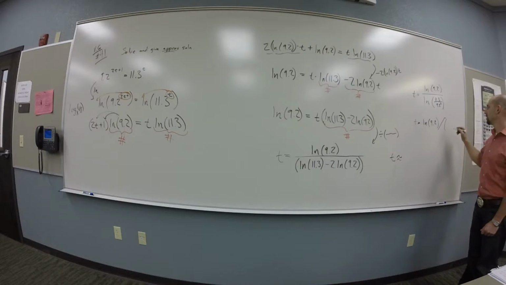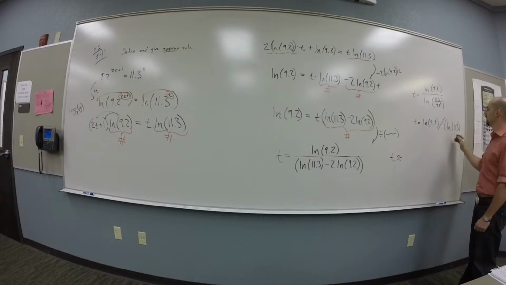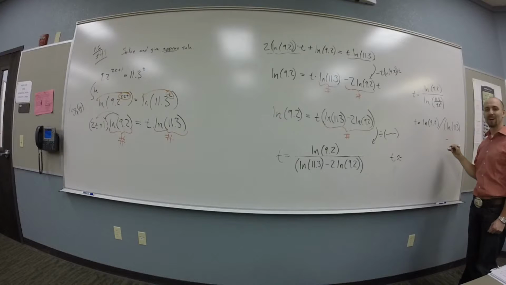So you need parenthesis, ln, then you'll need an 11.3, and don't forget to close this parenthesis. Minus, the minus button, not the negative sign button.